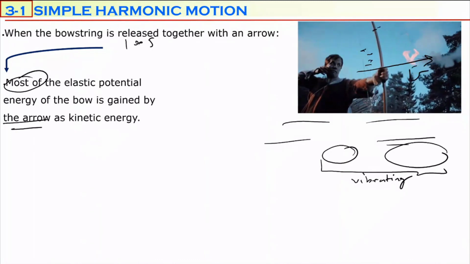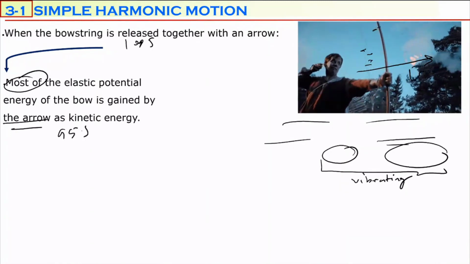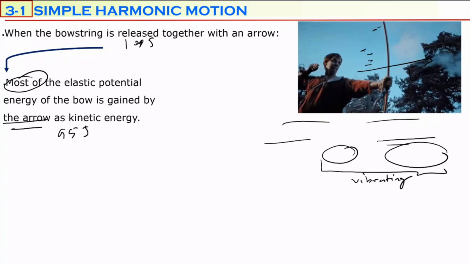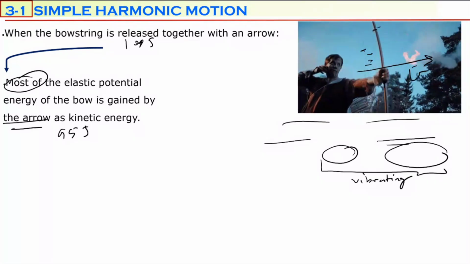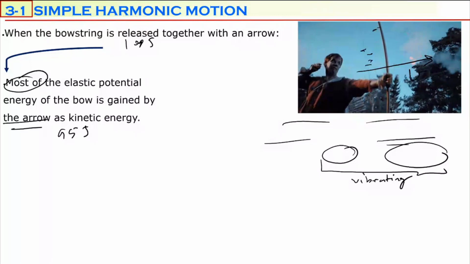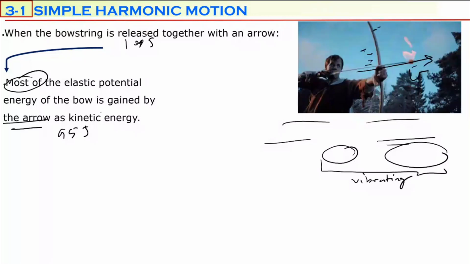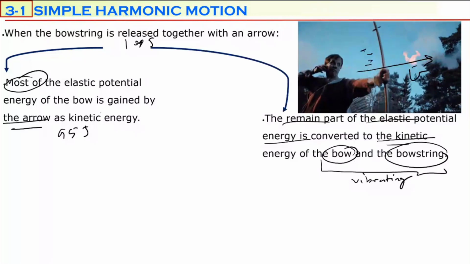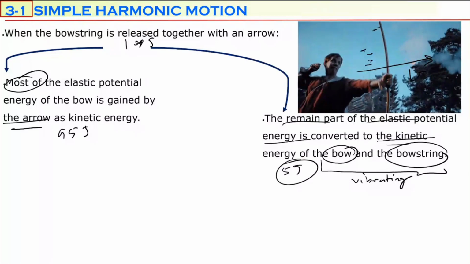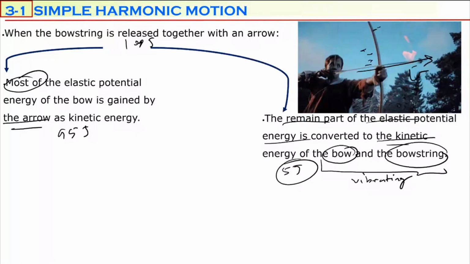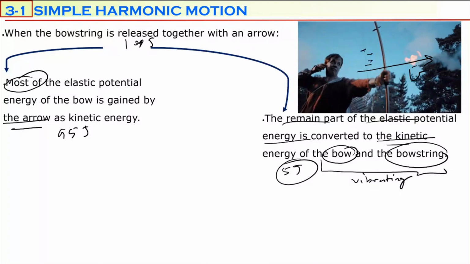Just a random number I am giving, 95 joule for example, of this original stored elastic potential energy will be given to the arrow as kinetic energy. Remaining part, only 5 joule, will be given as kinetic energy to the bow and bowstring.